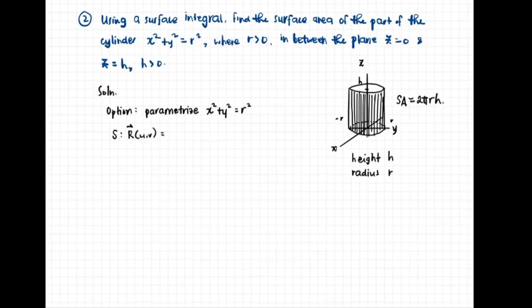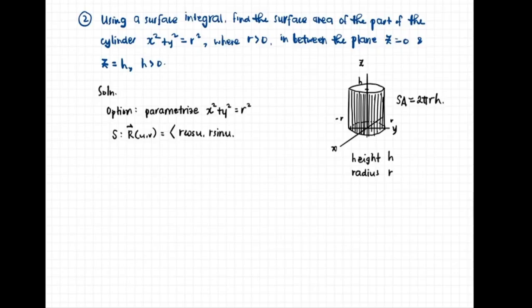Using cylindrical coordinates, its first component is r cosine theta, so you could use here v cosine u, where v for this case is actually the radius, so that would be r cosine u. v sine u for the y coordinate, so that would be r sine u.